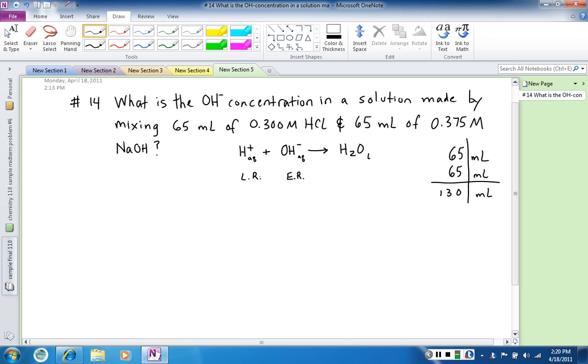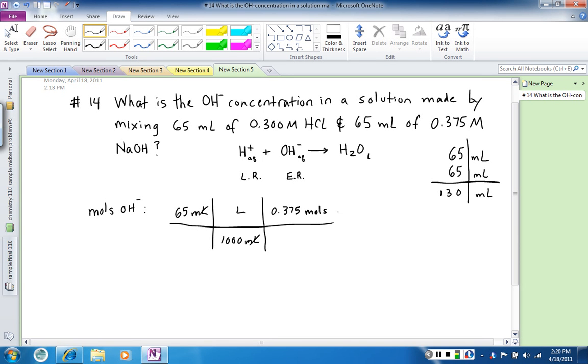So let's figure out how many moles of OH minus we've got. We have got 65 milliliters. Of course, you should know right away to get it out of milliliters, get it into liters. We have 65 milliliters of 0.375 moles of NaOH per liter.